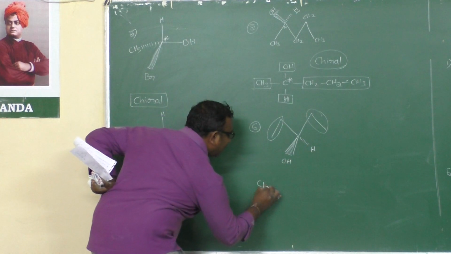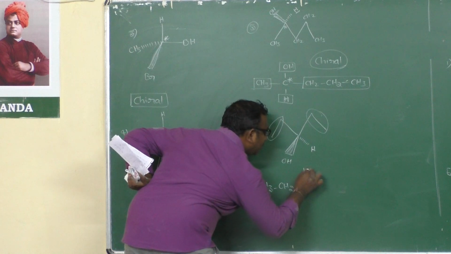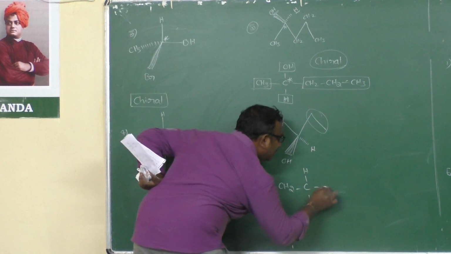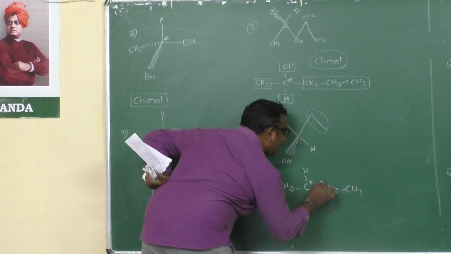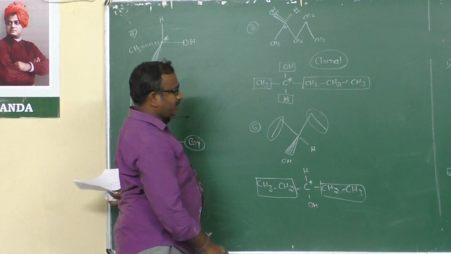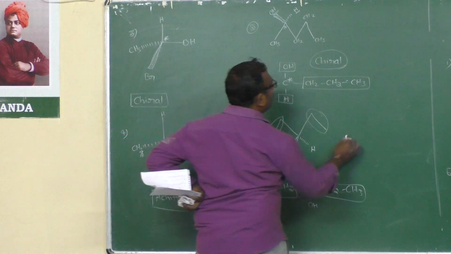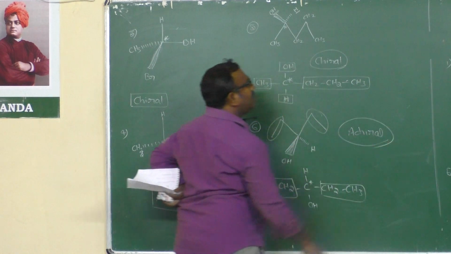Simply, in structural formula it is represented as CH3, CHOH, CH2, CH3. Here, this carbon atom is attached to two similar ethyl groups. That's why this molecule is achiral.